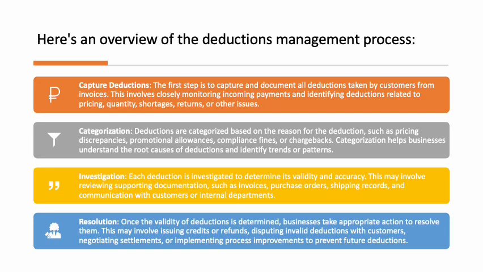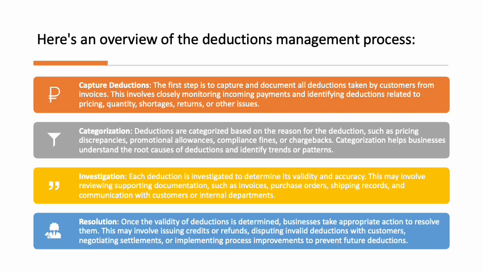Investigation. Each deduction is investigated to determine its validity and accuracy. This may involve reviewing supporting documentation such as invoices, purchase orders, shipping records, and communication with customers or internal departments. Resolution.